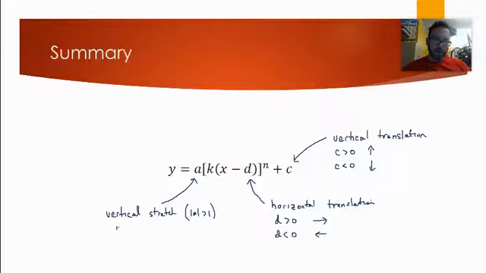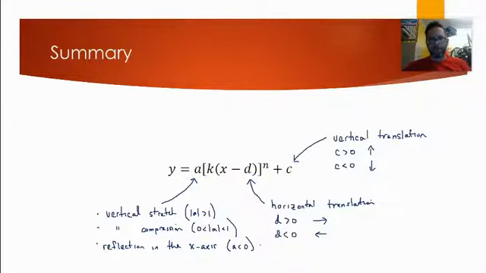Or it could be a vertical compression if the size of A is between 0 and 1, just kind of 3 points here. And then it could also give you a reflection in the x-axis, and that's if the A value is negative.